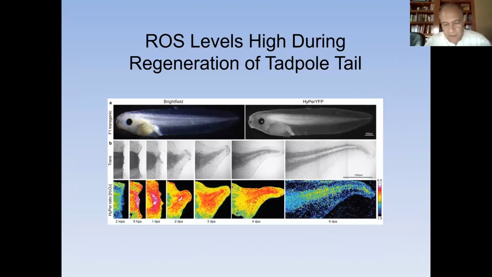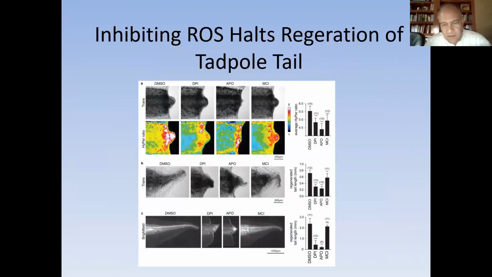In fact, what they did is they took the oxidants away by using antioxidants in the regeneration of the tail, and the tail did not regenerate. So the oxidants have a very important role in the regeneration of healthy tissue inside our biology.